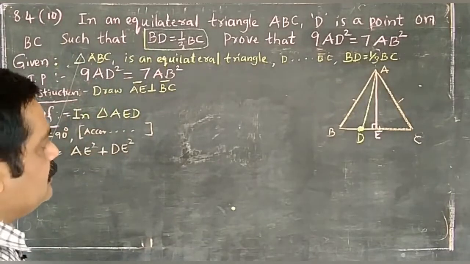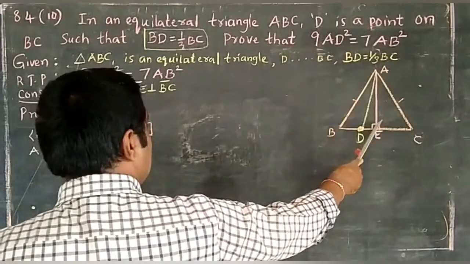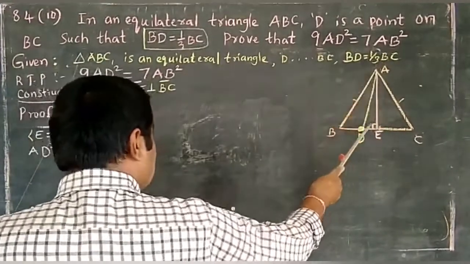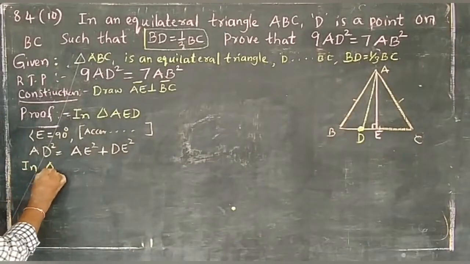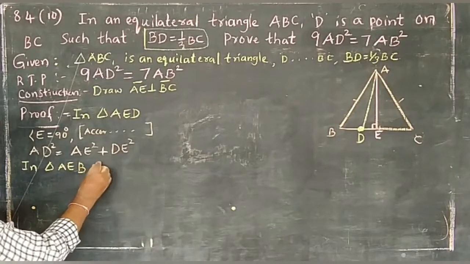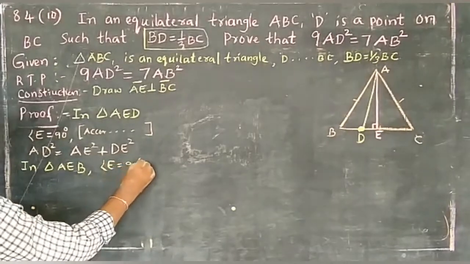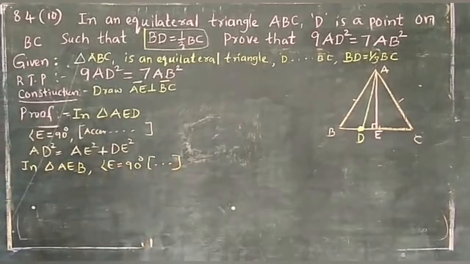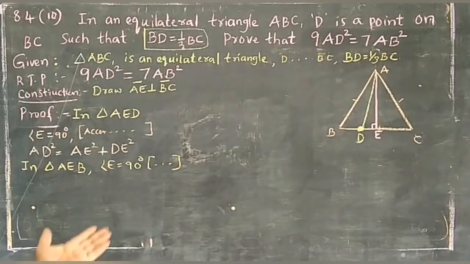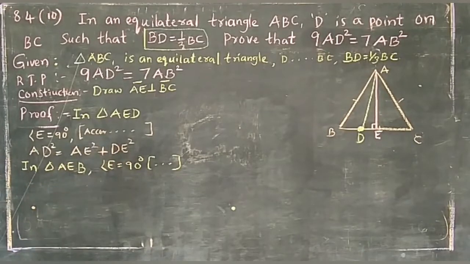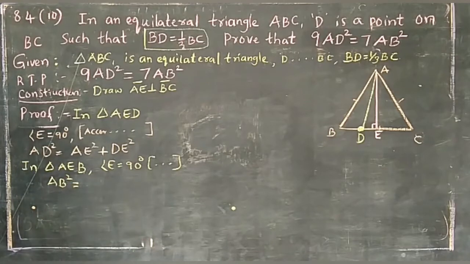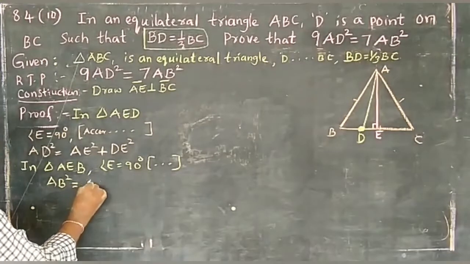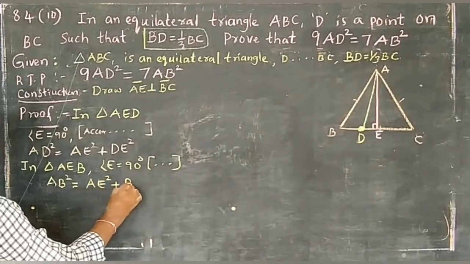Take this right angle triangle AEB, with the right angle at E. According to the Pythagoras theorem, AB square is equal to AE square plus BE square.